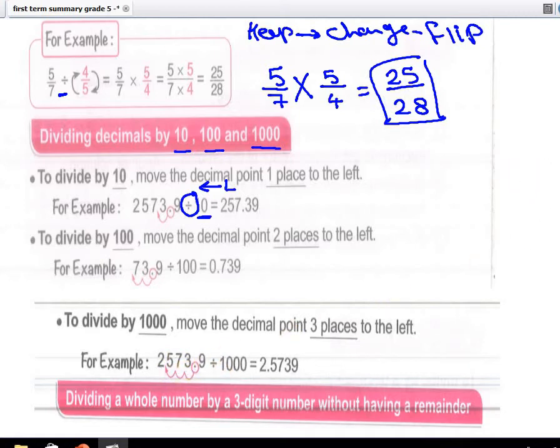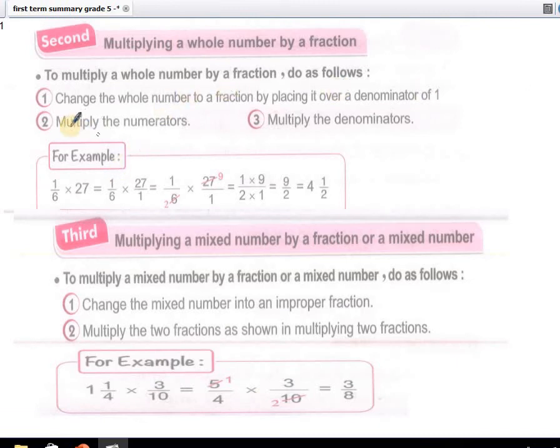Okay, let's see, dividing a whole number by a digit number without having a remainder. Let's see. Here I also have multiplying a whole number by a fraction. When I have a fraction, 1 over 6, multiplied by any whole number, I consider that this number's denominator is 1.